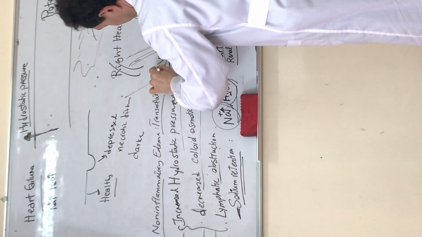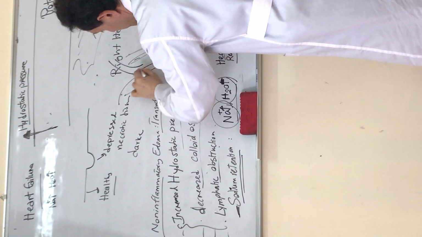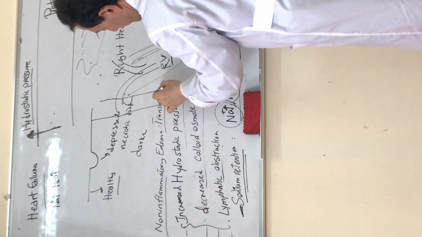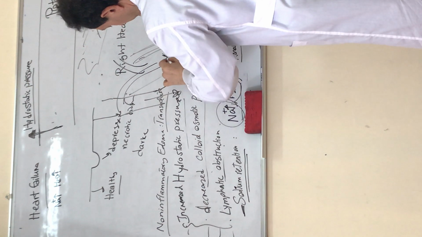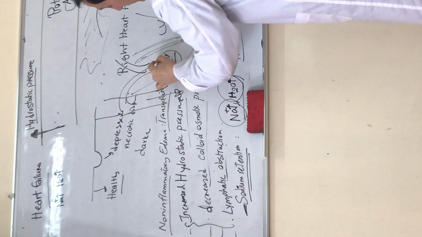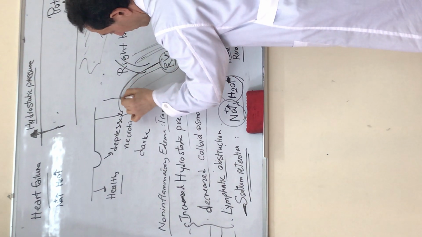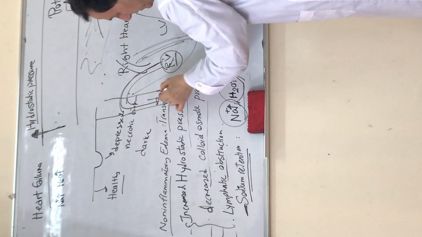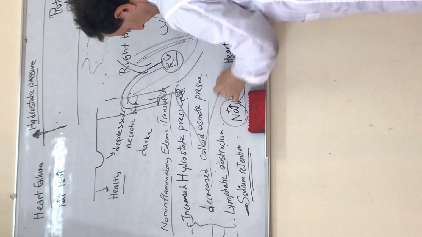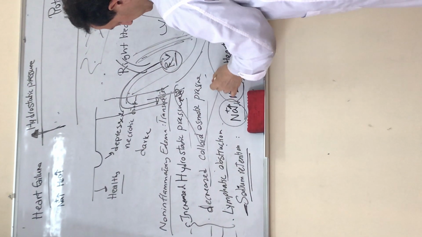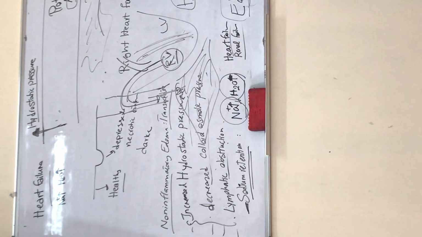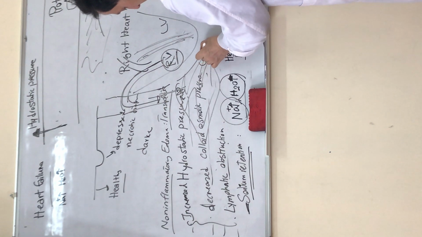So this backs up to the vena cava, superior and inferior vena cava. Due to the failure of the right ventricle, this venous blood goes back to the inferior vena cava and then to the liver. So this venous blood is accumulated in liver tissue, and this is called congestion.